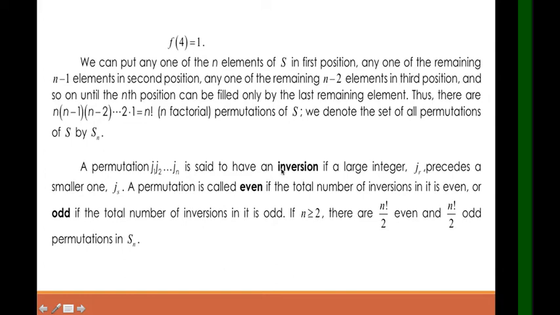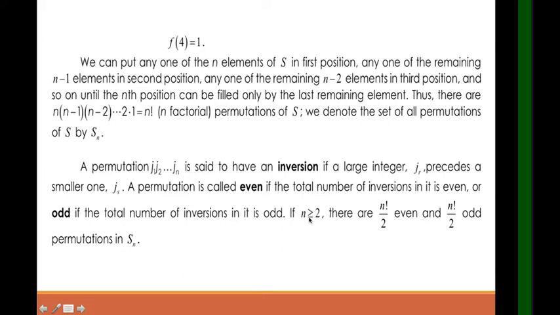So the inversion goes from highest to lowest. If the number of inversions is even, we call it even; if the number of inversions is odd, it is odd.